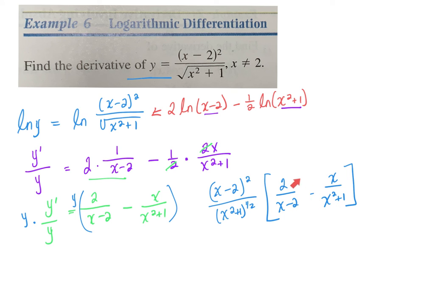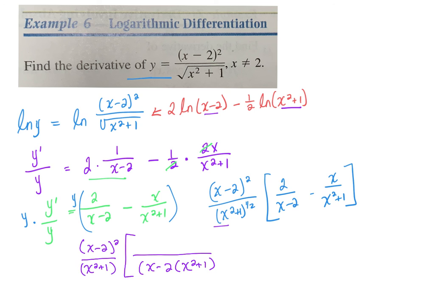So you're going to just use your butterfly method or your cross multiplication, whatever you have to do. Your entire denominator here is going to be x minus 2 times x squared plus 1. All right, and we still have this on the outside, so we still have the x minus 2 squared over the x squared plus 1 to the 1/2. That's out here on the outside, all right?